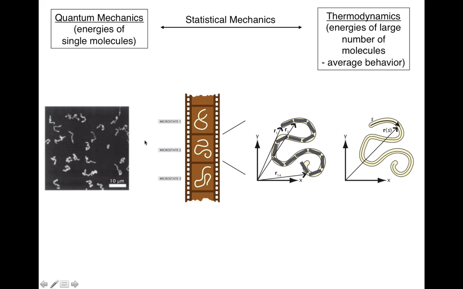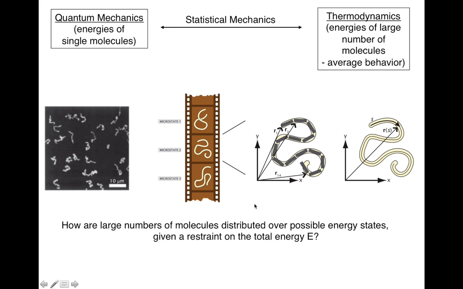Now you can also imagine looking at one molecule and taking a movie with time. And if you do that, you will see that it's also fluctuating in time, again, because of this idea of thermal energy. And these different microstates, again, because we can measure the coordinates of each atom or group, what have you, you can then define the energy of these different microstates.